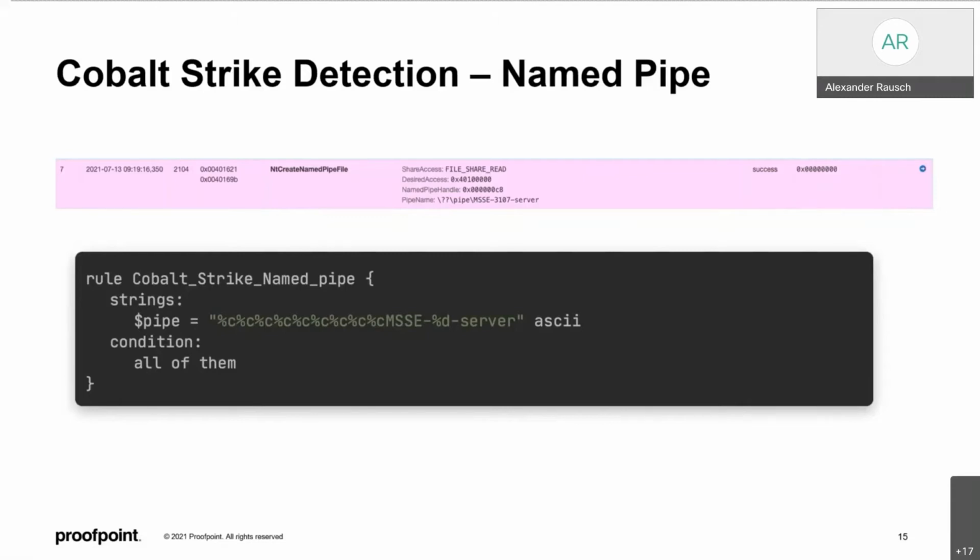And in the pipe name, you can see this MSSE-3107-server value. And this value is the default named pipe value, with the digits, of course, changing. And below, you can see a really simple YARA rule implementation to detect this kind of default named pipe.